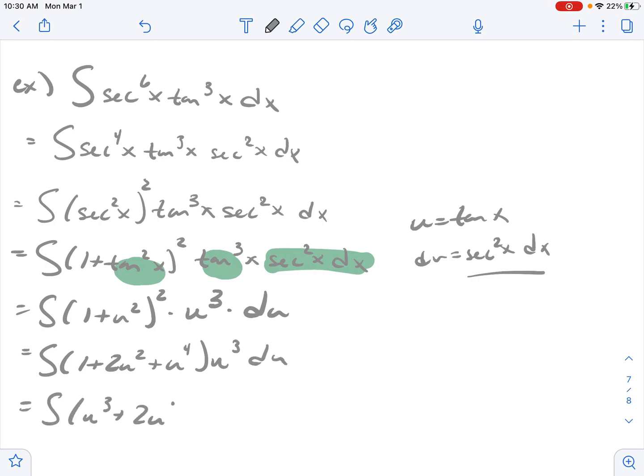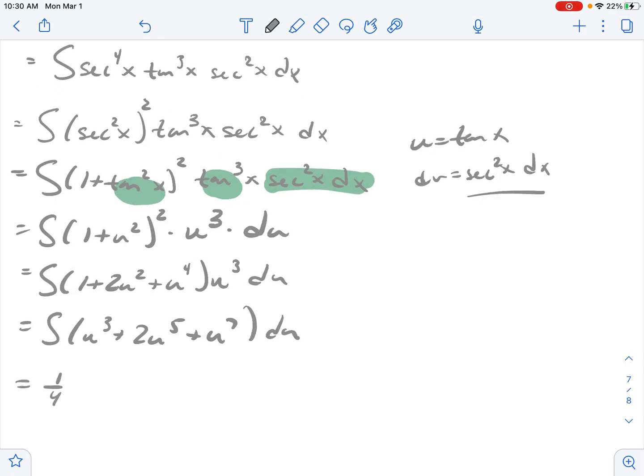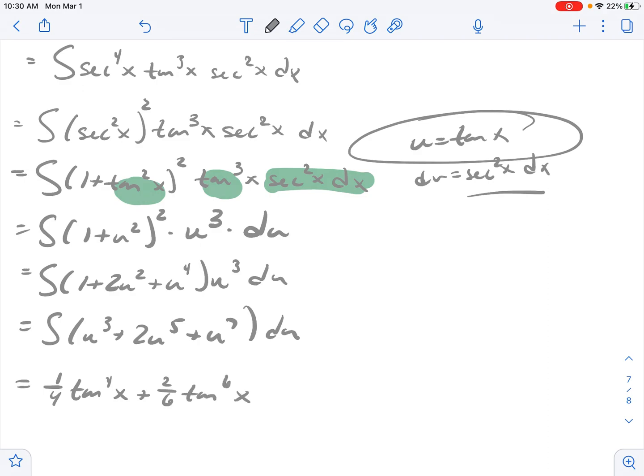Distribute. We're good to go. 1/4, and at this point I'm going to sub my u back in as I go. U was tan, so 1/4 tan to the 4th x plus 2/6 tangent to the 6th x plus 1/8 tangent to the 8th x plus c. And now we're done. All right.